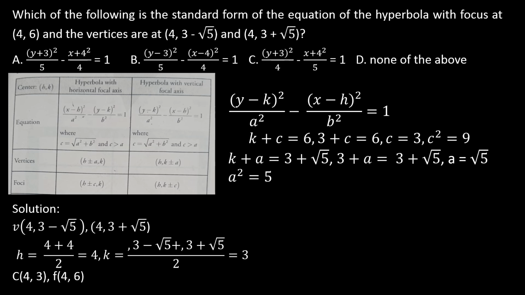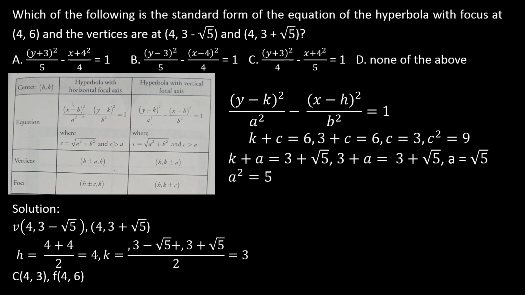K plus c is equivalent to 6, because we have the focus at point (4, 6), so 6 refers to the value of y. The value of k is 3, so 3 plus c is equal to 6. Simplifying, c is equal to 3, or c squared is equal to 9.